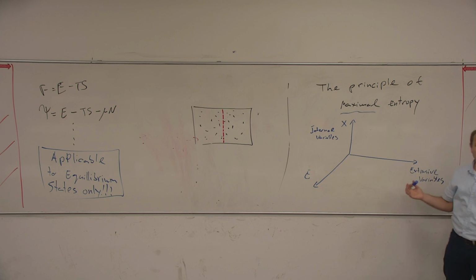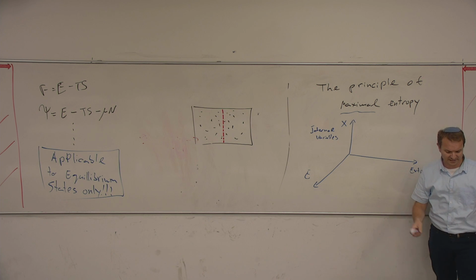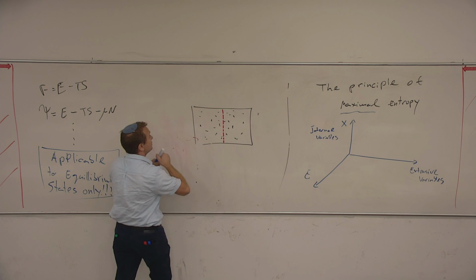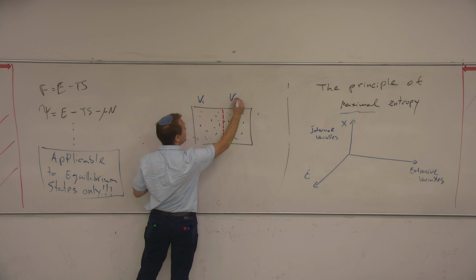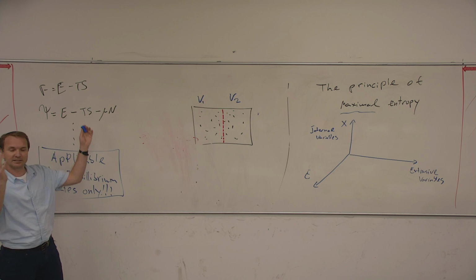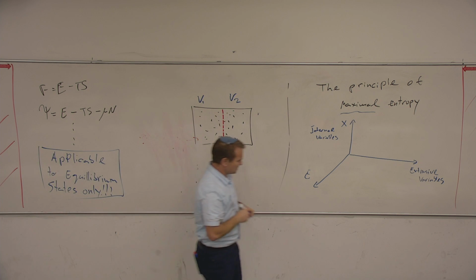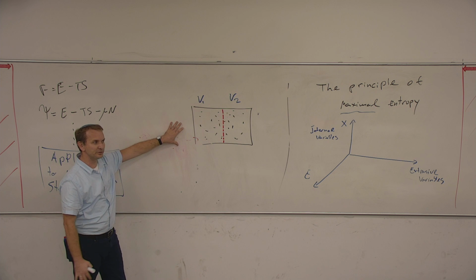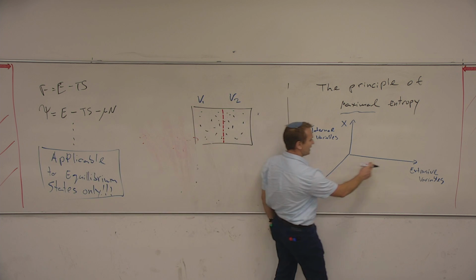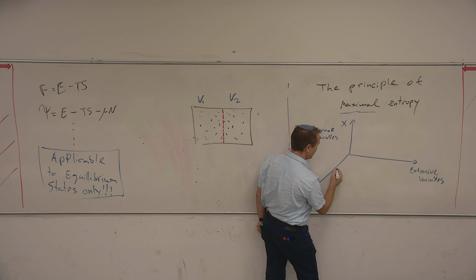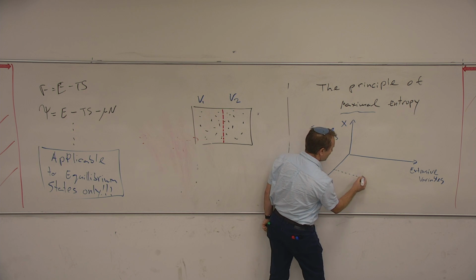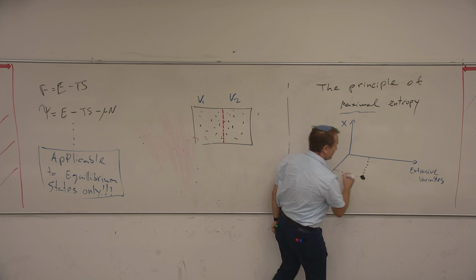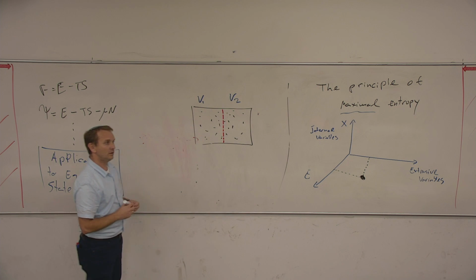If I want to describe my system, and my system is in equilibrium, let's assume that we have V1 and V2, and it's a gas. When the system is in equilibrium and extensive variables are kept constant, there is a specific point in many-dimensional space which describes the position of my system.